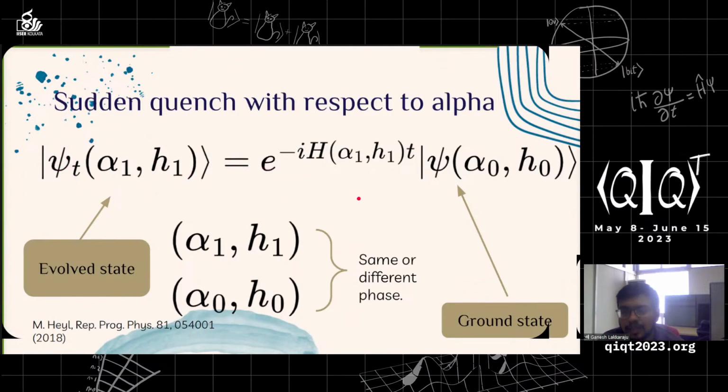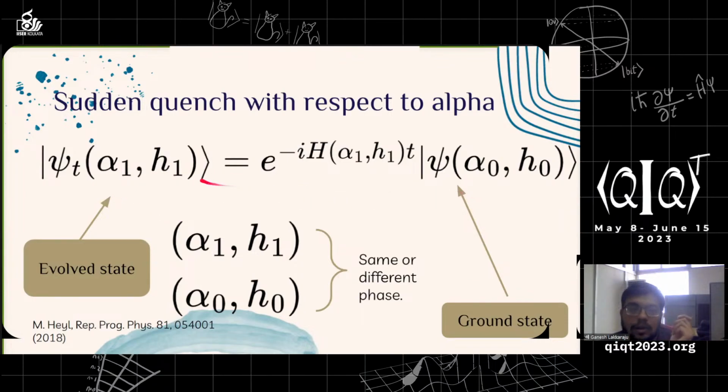Whenever someone calls something a phase, it is in general an equilibrium property, that is, a static property. Such a static property, which in general equilibrates at infinite time and takes a lot of effort to keep the system in equilibrium, could be studied using dynamics.